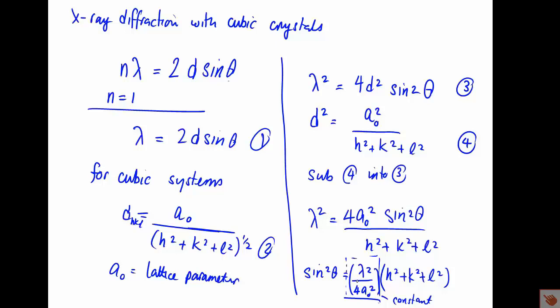So this is the constant. So we can see that sine squared theta is proportional to the sum of the squares of the Miller indices of the plane from which the reflection has come. If we knew what the Miller indices were, we could then figure out the lattice parameter from X-ray diffraction experiments.